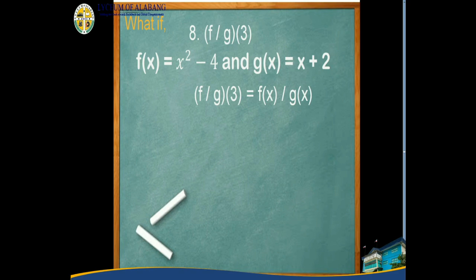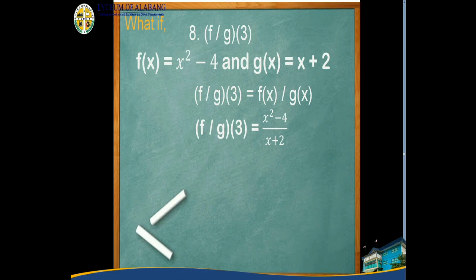To get the quotient of f of x and g of x, substitute the value of f of x and g of x. And we have f divide g of 3 is equal to x squared minus 4 divide x plus 2.